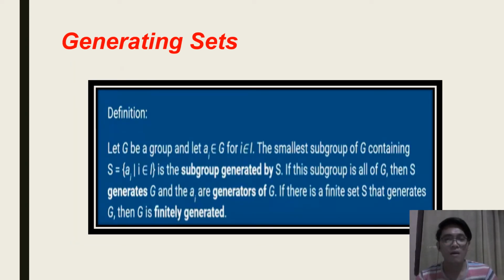Since we already have an idea what generating sets really mean, let me introduce a more substantial definition that we can refer to in the future.